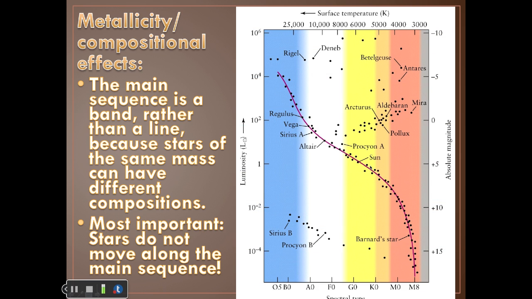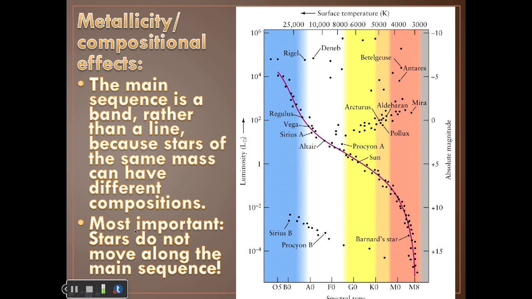And so you might have something that's not quite the same. It's going to be very slightly different, either slightly hotter or slightly cooler, slightly brighter, slightly less bright, depending on the exact metallicity. So when we look at the main sequence, it should be more of a band than a simple line, because at any given temperature or luminosity, you could have different metallicities. And so there will be this kind of spread around them.